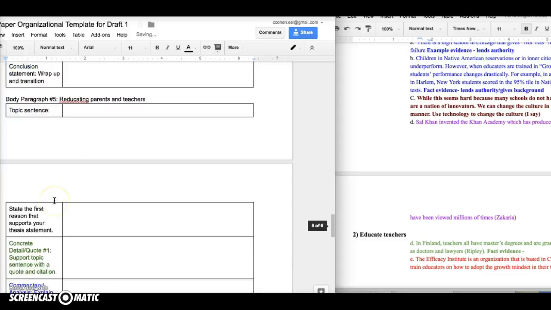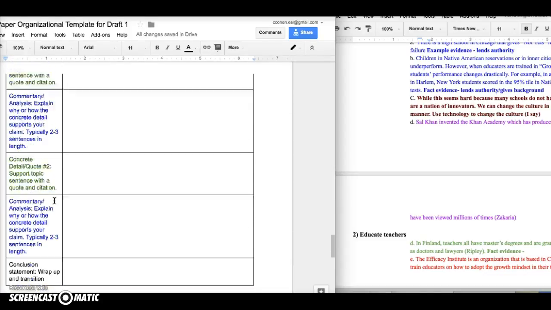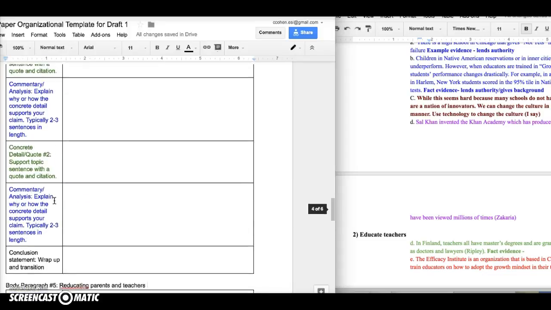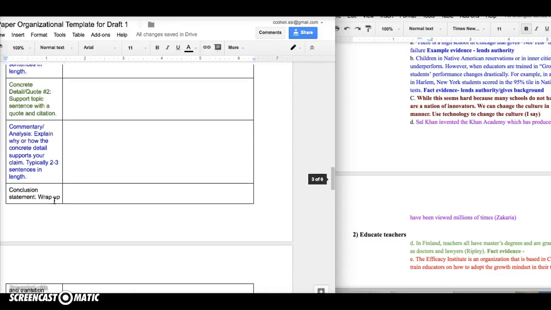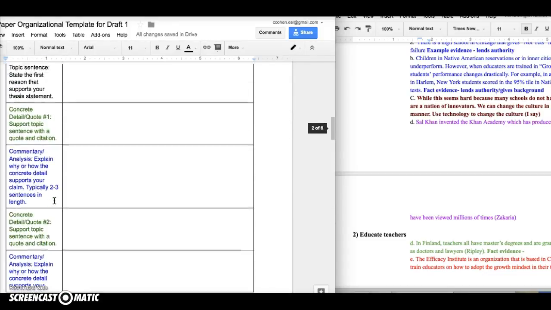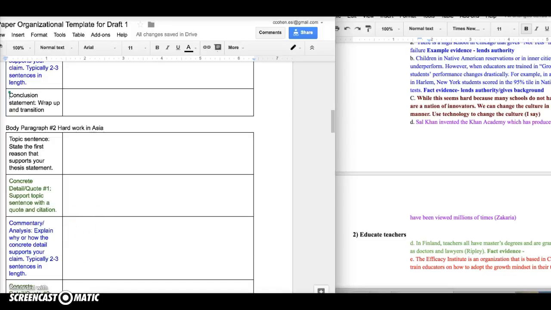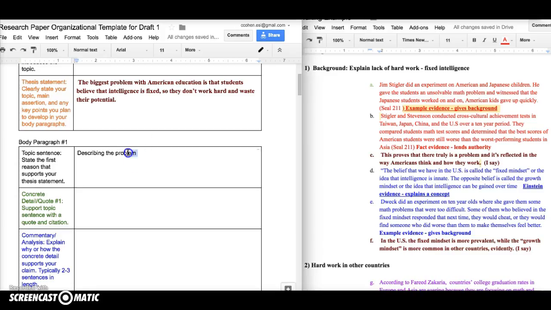So now that I've got the topics for the different body paragraphs, then I can start plugging in my evidence and plugging in my I say. Okay, and I'm going to show you how to do that. So I need to describe the problem before I get into the solutions.